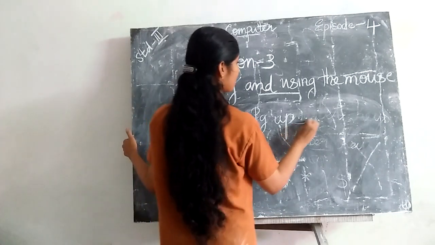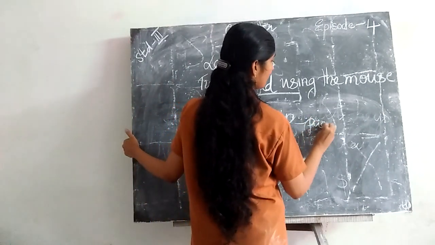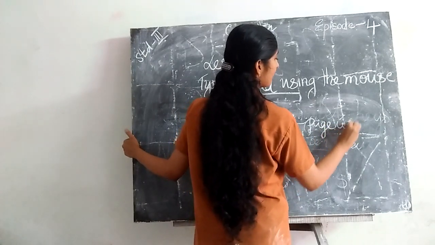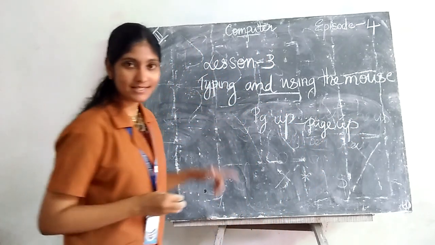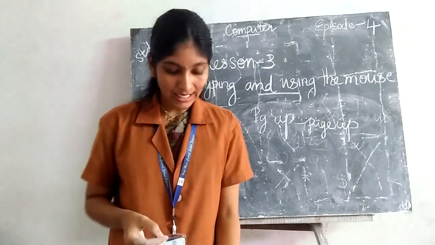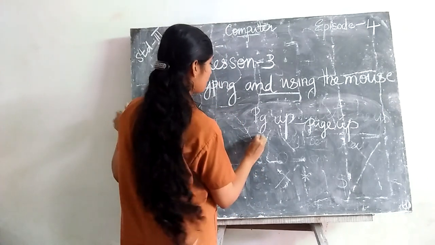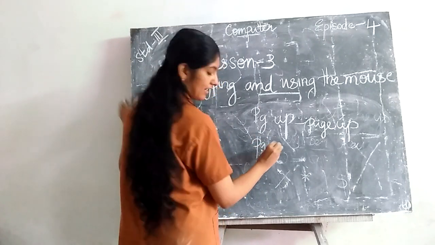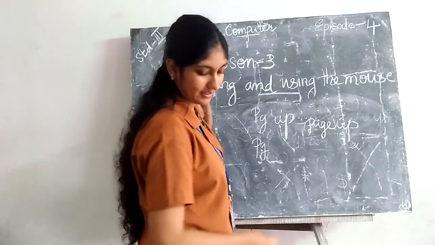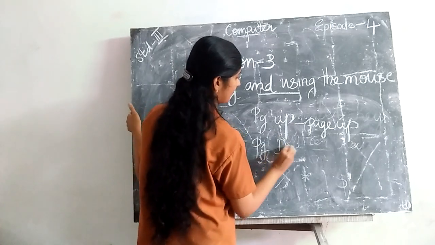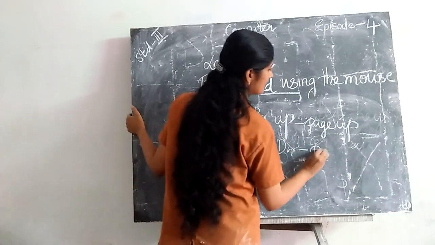PG up means page up. We can move to the previous page using page up, and on digit 3 there is PGDN, that means page down.